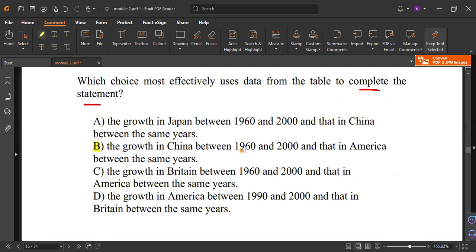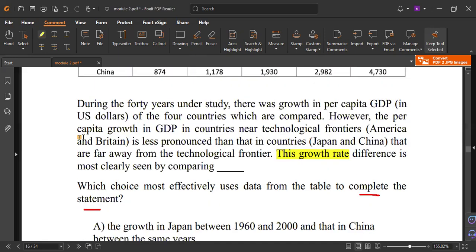He said here the growth in these countries and that in America between the same years. It's a good reader profile.